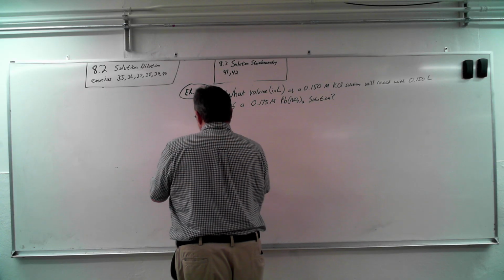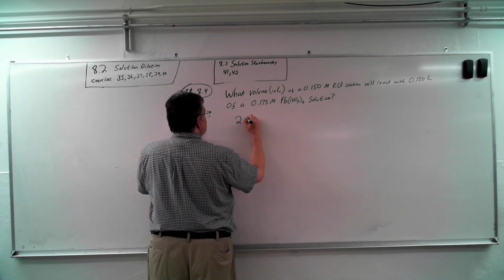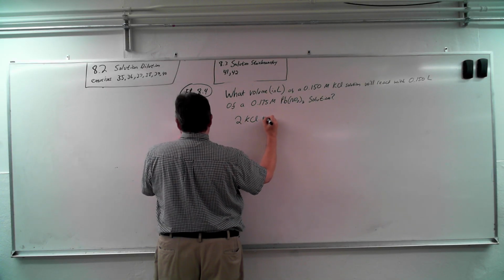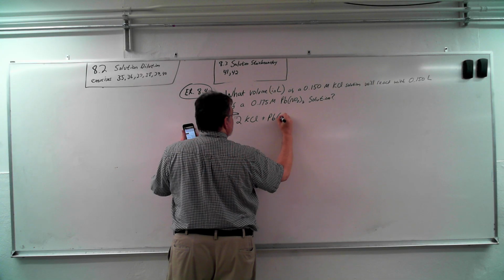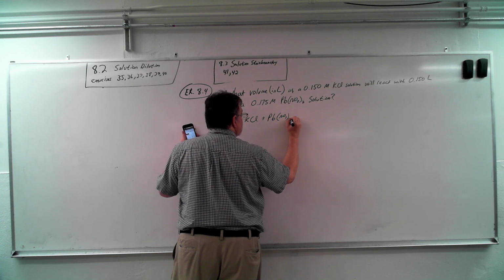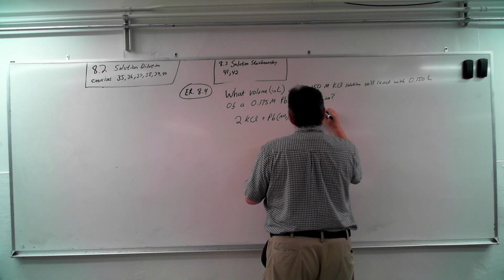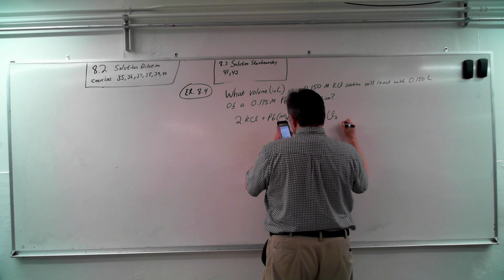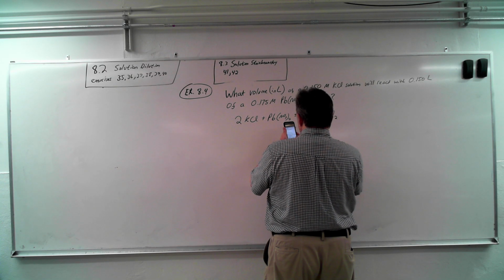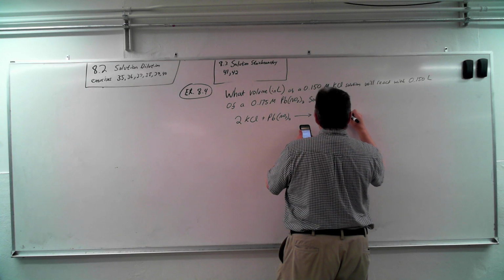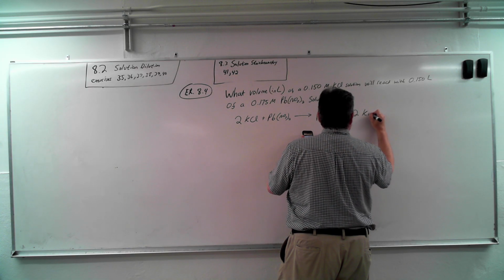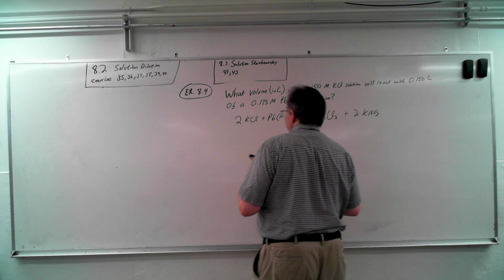And you're given again the balanced reaction: 2 KCl plus 1 Pb(NO3)2 makes PbCl2. So there's the reaction.